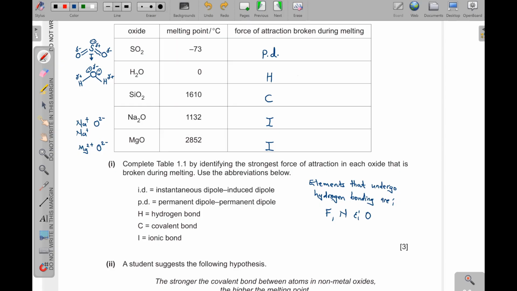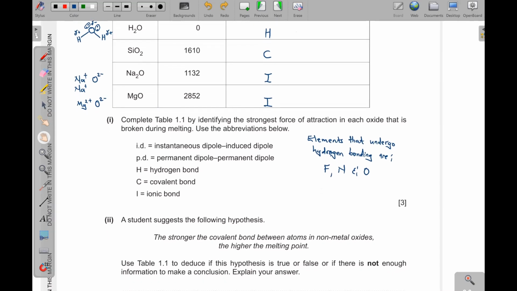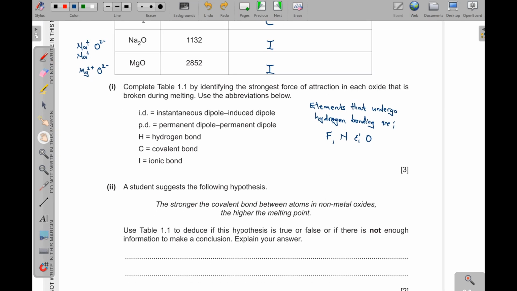You see that? So we don't actually break the covalent bonds between these atoms. Those are not the ones that we break. You see that? But for silicon oxide, we are breaking the what? The covalent bonds. So for that case, I would say that there is not enough information.